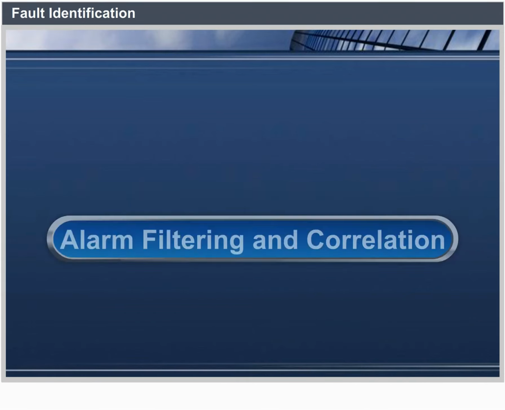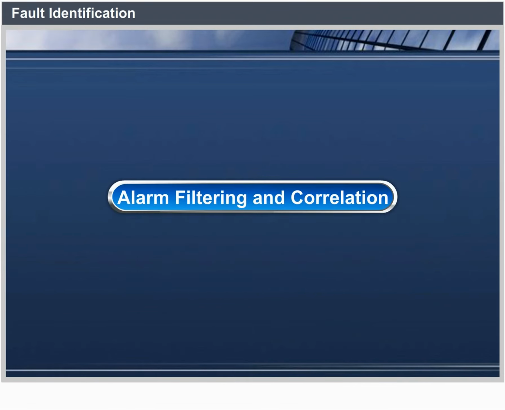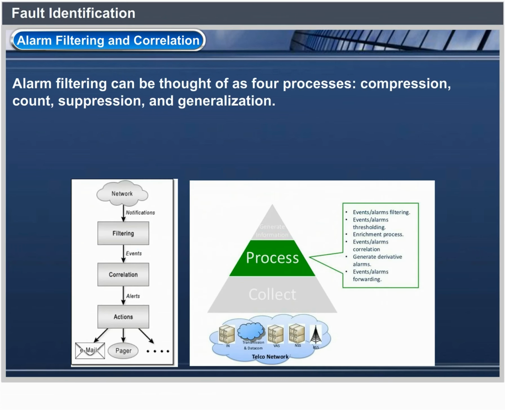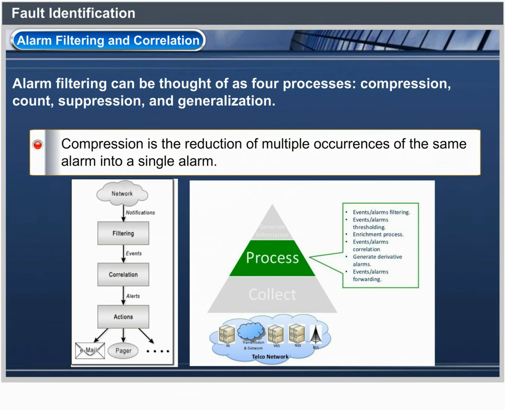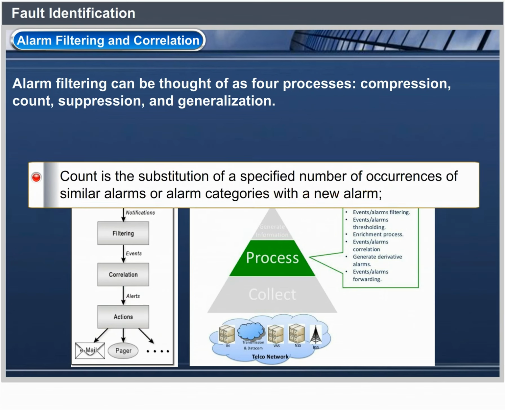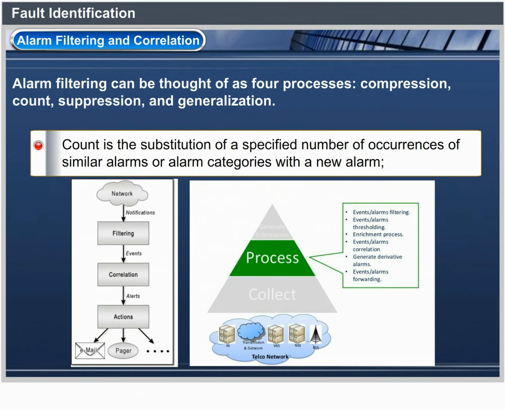Alarm filtering and correlation. Alarm filtering can be thought of as four processes: compression, count, suppression, and generalization. Compression is the reduction of multiple occurrences of the same alarm into a single alarm. Count is the substitution of a specified number of occurrences of similar alarms or alarm categories with a new alarm.